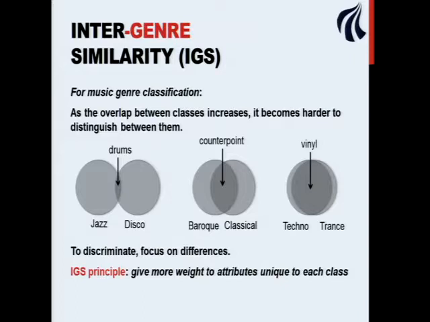As we go to classes that overlap more, Baroque and classical, counterpoint is shared between the two. And then techno and trance, a lot of that type of music appears on vinyl records. So don't just look at the medium to distinguish between the two, but look at something else. Now that's a gross simplification of the genre recognition problem, but I'm trying to convince you the IGS principle may have something convincing about it.